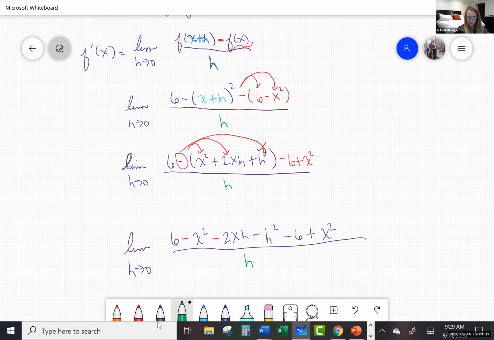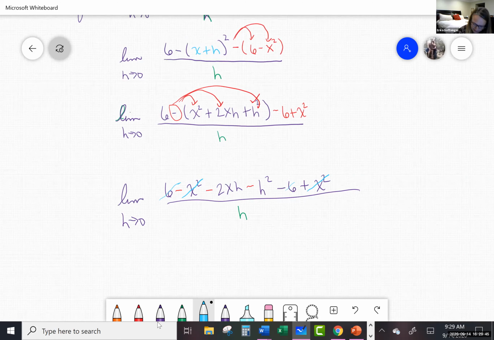So again, if you look in the numerator, a lot of things simplify and cancel out. This 6 and a minus 6 cancels. This negative x squared plus x squared cancels. And so all we're left with in the numerator is the negative 2xh minus h squared. And that's all over h.